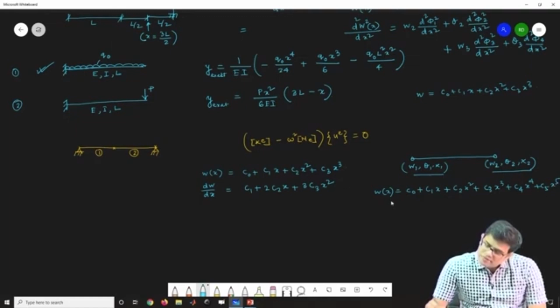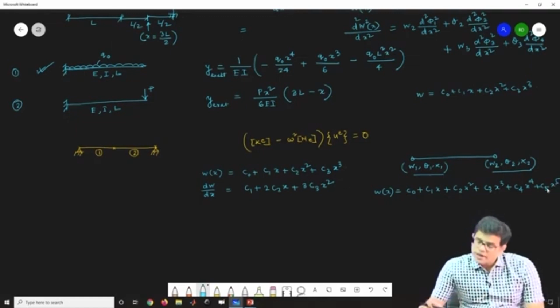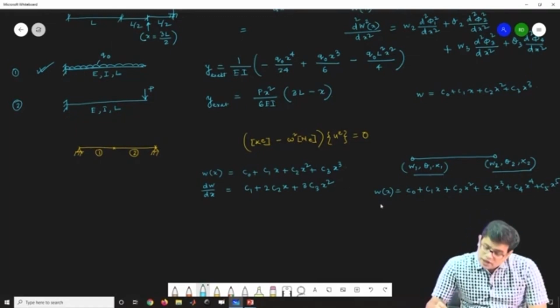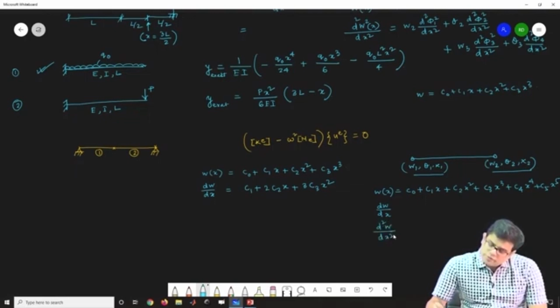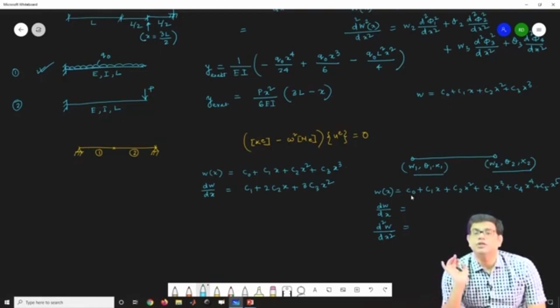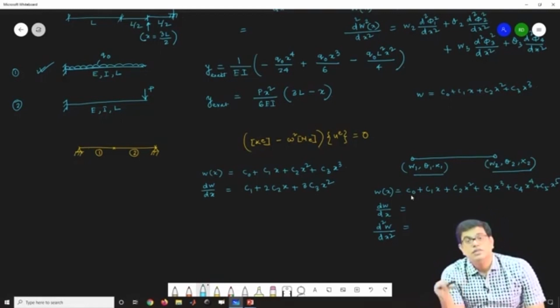So you see I have 6 such constants, and I need dw/dx and d2w/dx2 to be continuous. So with these conditions I can always find my shape functions for this element.